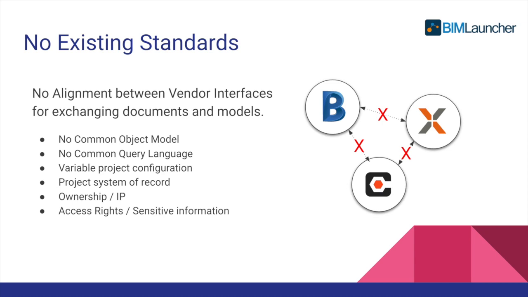Maybe I've gone too deep into the analogy there, but pretty much the issue is that you have no common object model. An issue or a document in BIM 360 is not the same as an issue or a document in Procore or Aconex. When I say not the same, I mean they're not represented in the same data structure. For instance, documents in Aconex have 25 pieces of metadata on a typical document.